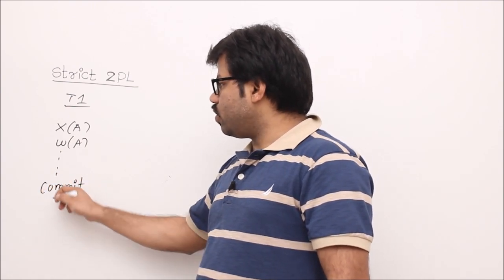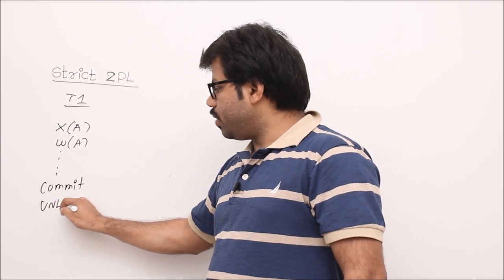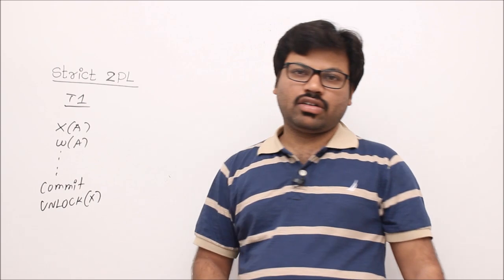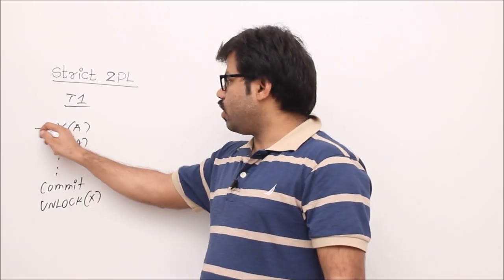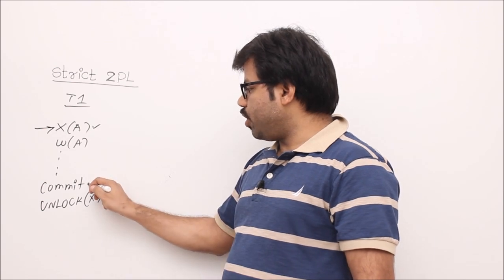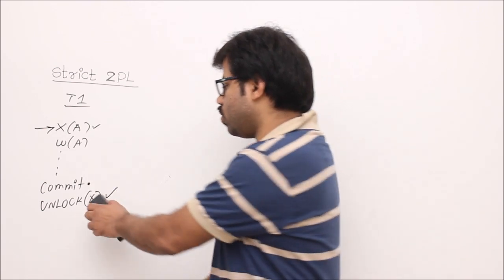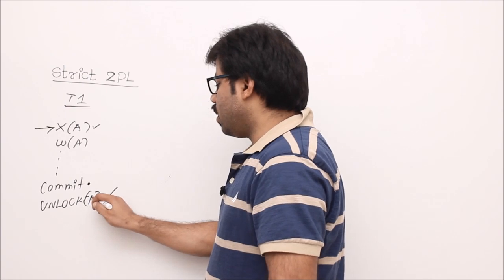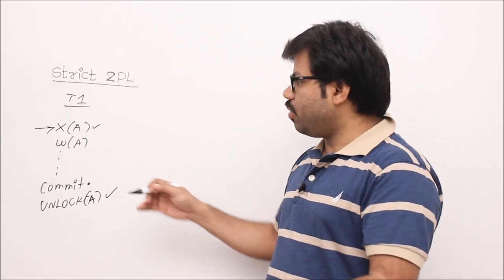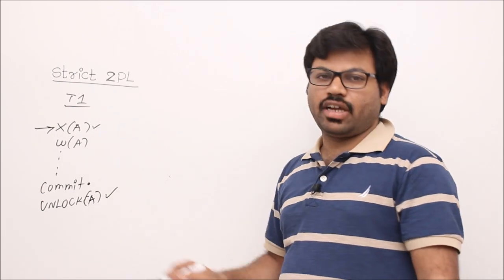After commit only we should release it. That means this should be the syntax of that exclusive lock. See, the exclusive lock is applied here, and after that this is the commit point. After that only the unlocking should be done, unlock of A. Not only this variable A, every variable, whenever it is locked, the same thing should take place.